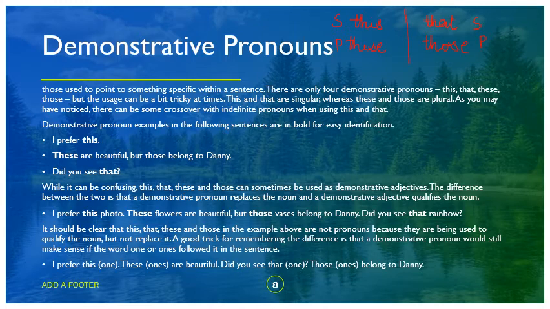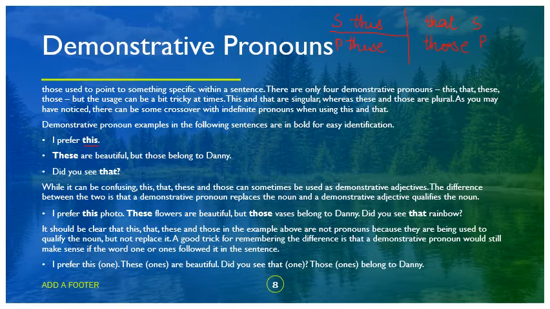The difference is that this and these are used to refer to something that is in close proximity. By close proximity I mean करीब की चीज को refer करने के लिए, something that is near. So this and these are used to refer to something that is quite near you. Let's look at this example. I prefer this.